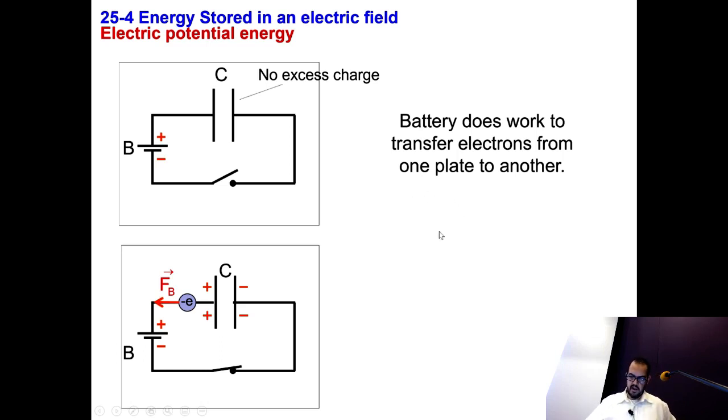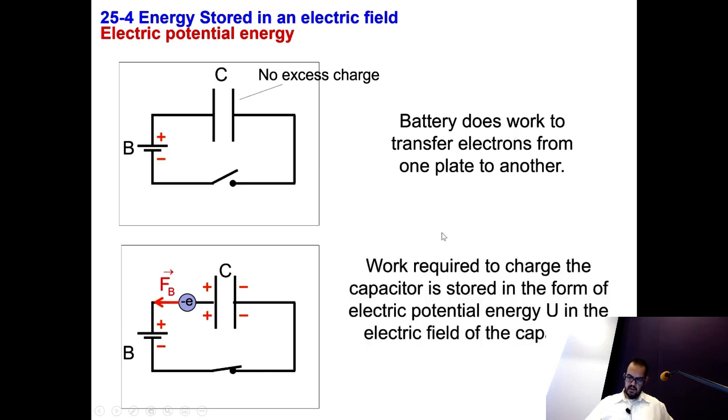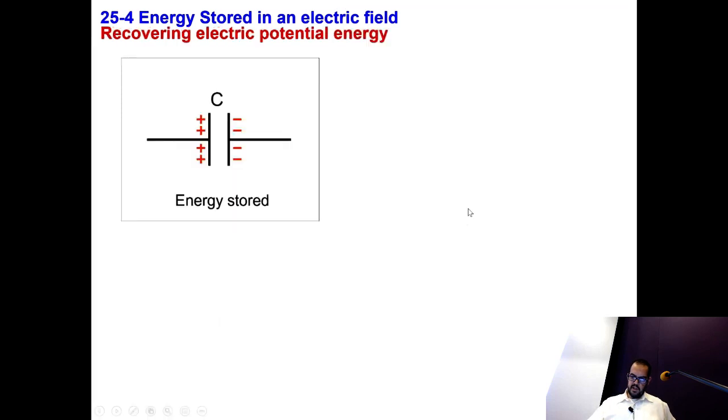So there is chemical work that is converted into electrical work. The work required to charge the capacitor is stored in the form of electric potential energy in the capacitor. After we disconnect the battery, we have a charged capacitor with electric potential energy stored.